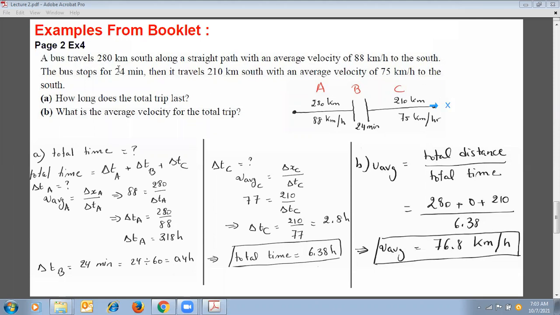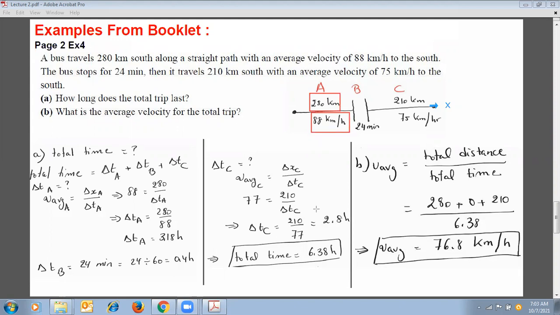Now, so what's happening? A bus travels 280 kilometers south. So the distance covered is 280 kilometers to the south, at a speed of 88 kilometers per hour.